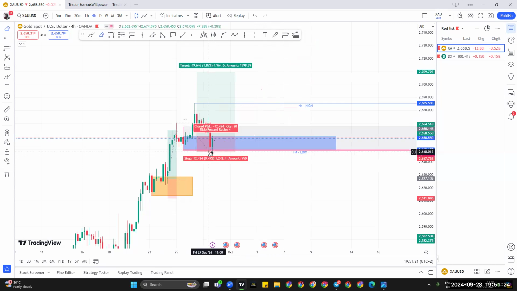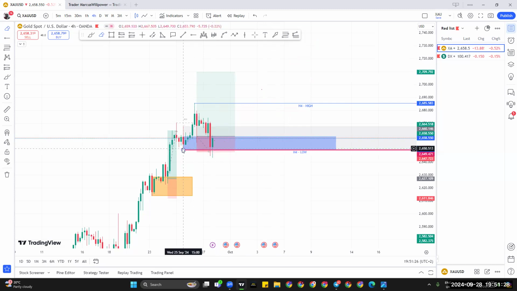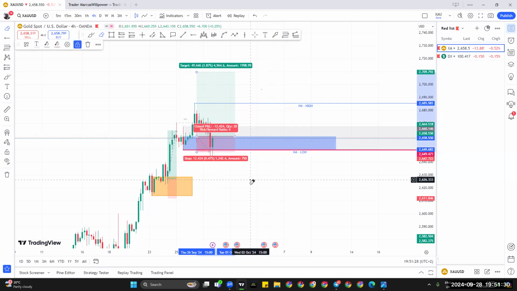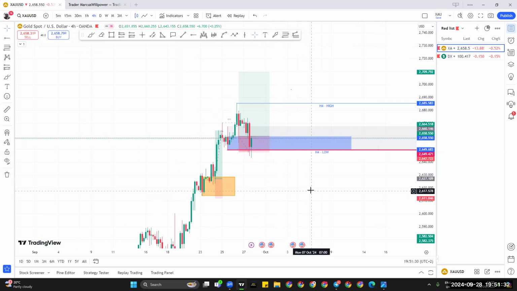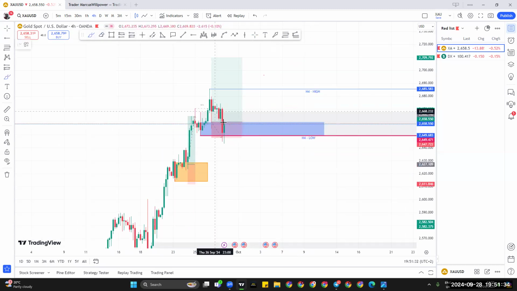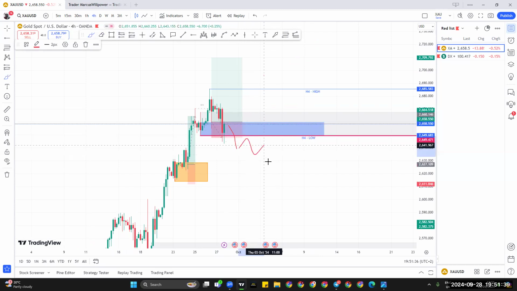So it took me out, but it didn't close below. So this low is still valid as of right now. However, if the market decides to start closing below and pushing below here, I'll then switch to my daily time frame and look for my daily order block where I want price to reach.